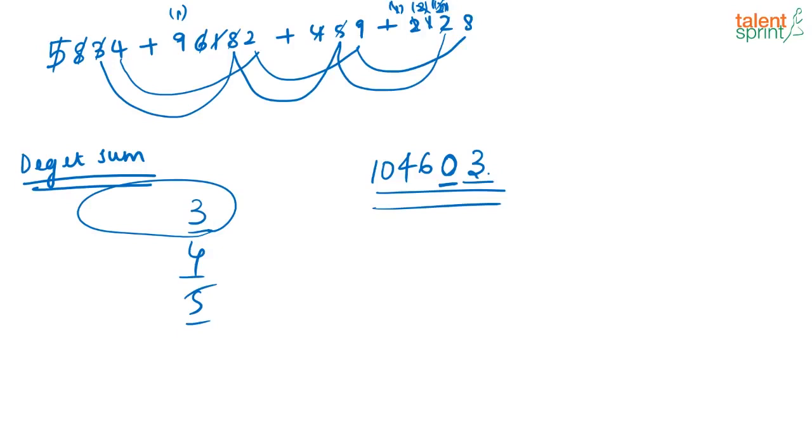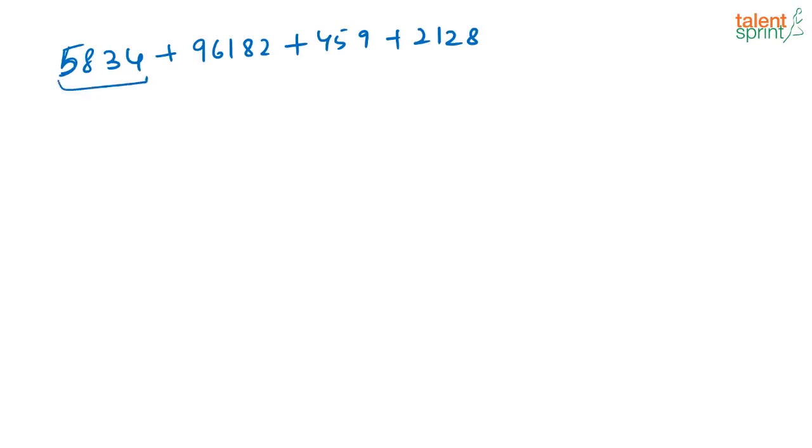Now the next method to do this question, as I said, is the split and merge method. So let us see what the split and merge method is. Let me just rewrite the question here: 5834 plus 96182 plus 459 plus 2128. In the split and merge method, what is 5834?